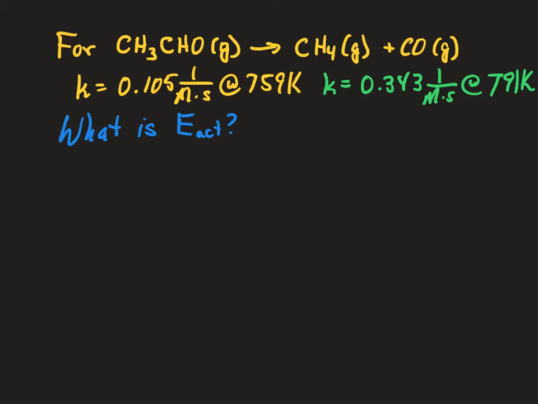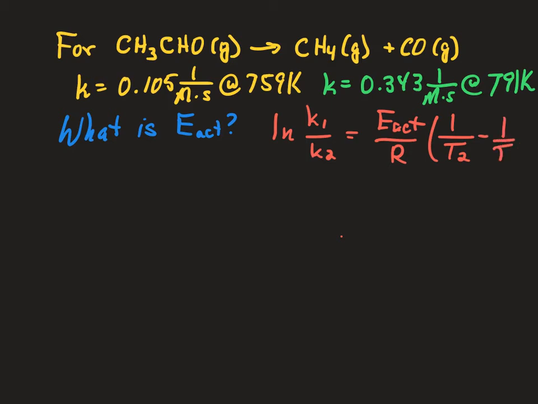Since it is a 2-point problem, we can use our 2-point form of the Arrhenius equation, which is that the natural log of K1 divided by K2 is equal to the activation energy divided by R times 1 over T2 minus 1 over T1. And remember, those temperatures have to be in Kelvin.